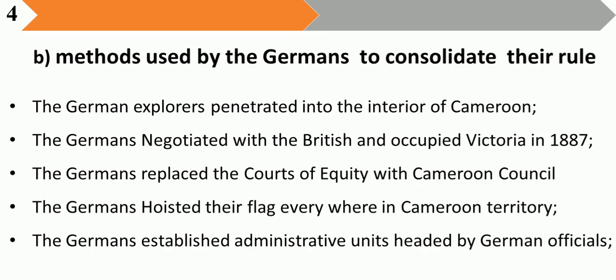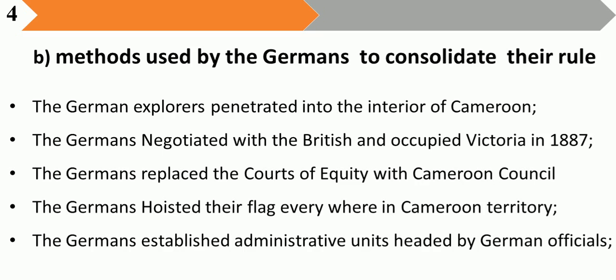The British had to collect a particular sum of money from the Germans before they could allow the Germans to occupy Victoria. So the negotiation and occupation of Victoria was one of the methods used by the Germans to consolidate their rule in Cameroon.